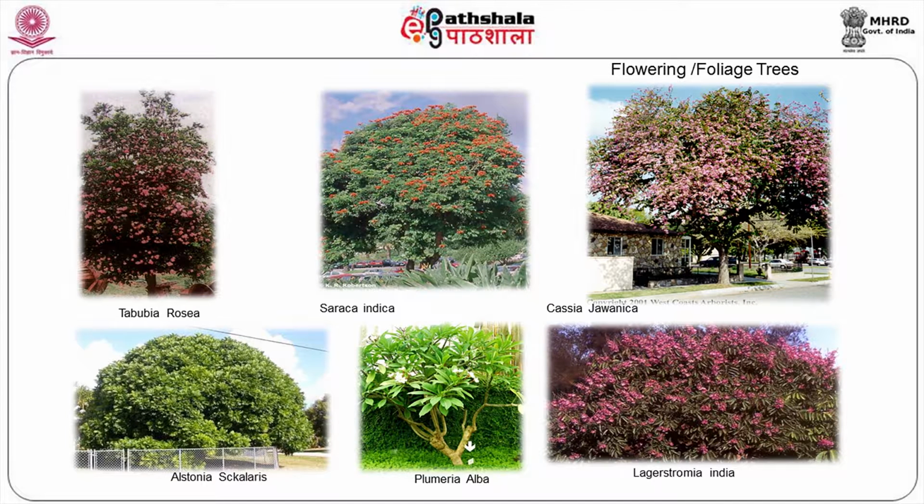Then flowering and foliage trees are there. Saraca indica is there, Cassia javanica is there, Lagerstroemia indica is there. So you have different varieties of trees to give a different character to the different roads.